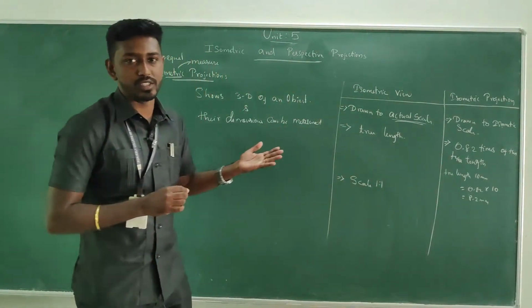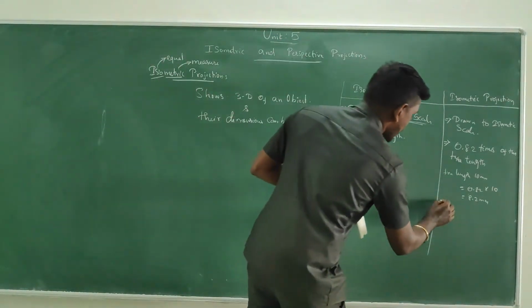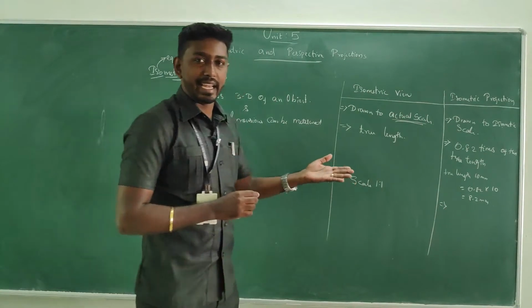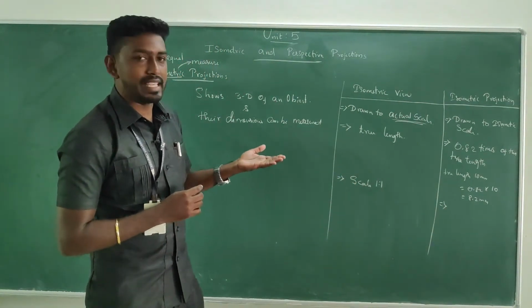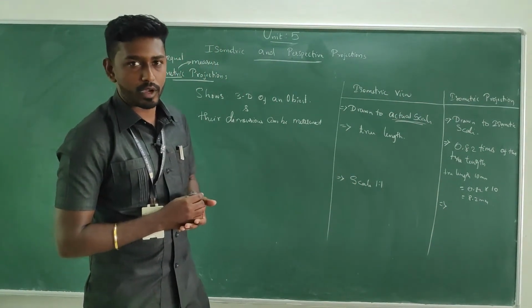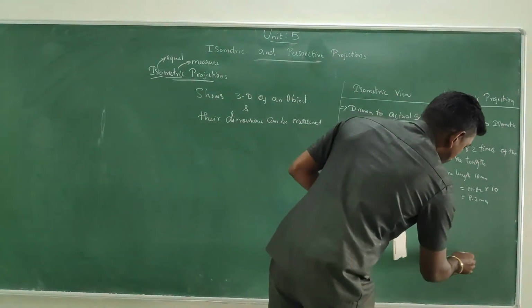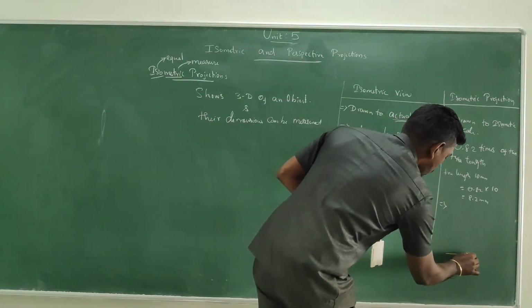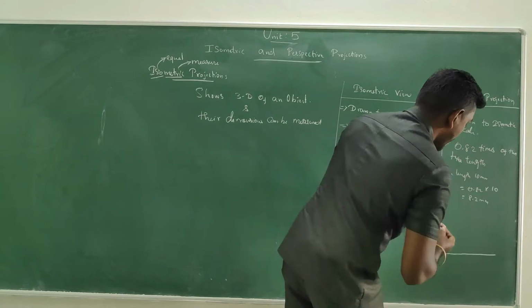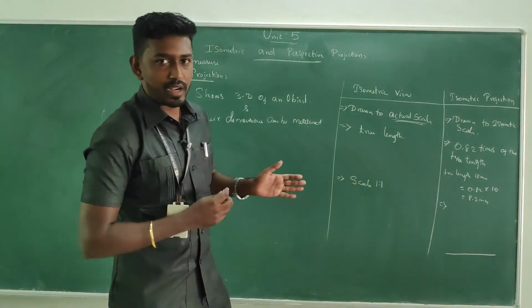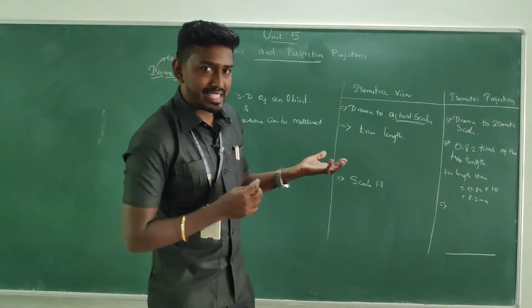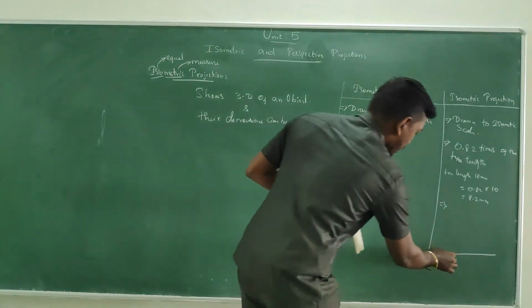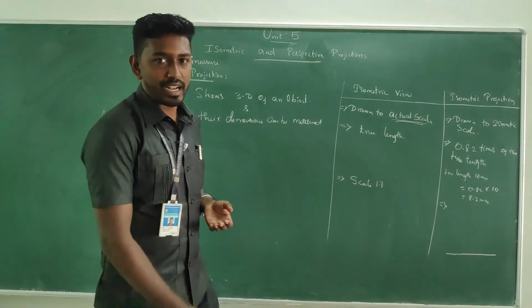When you are specifying in the diagram, we represent the scale as 1:1, actual scale. Here, when you show the diagram, we need to specify the isometric scale. It is mathematically proven, and graphically as well. For that we need a horizontal line.